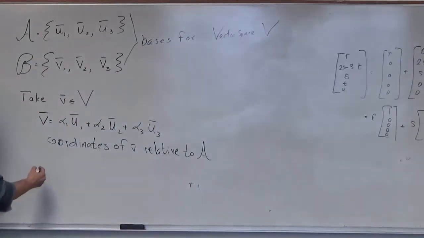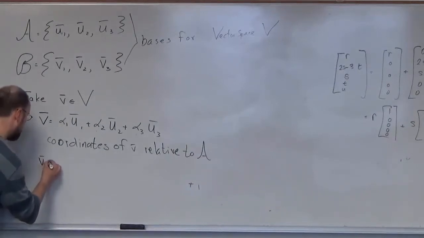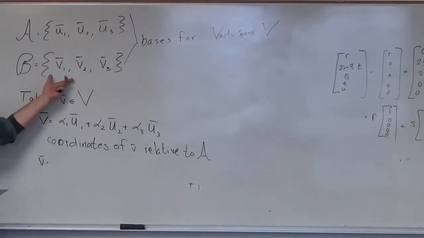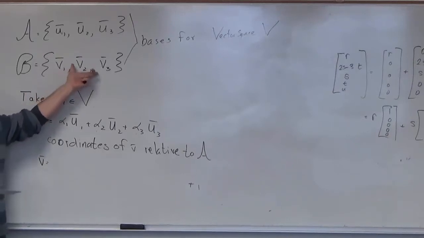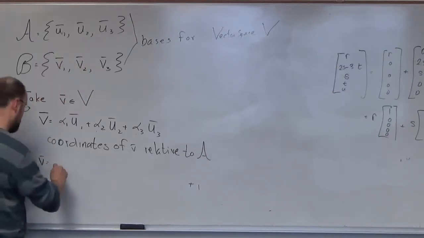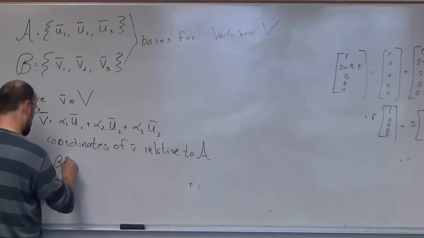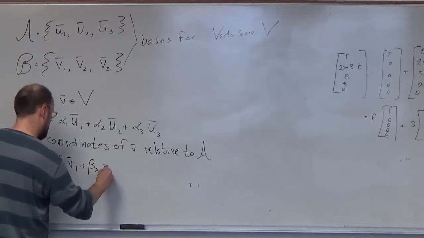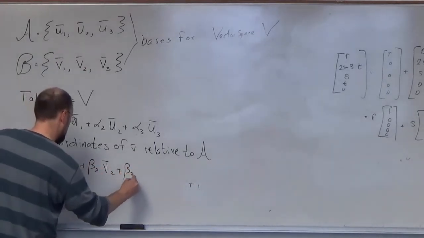At the same time, the same vector V can be expressed as a linear combination of the elements of the other basis, right? So it can be expressed as beta 1 V1, beta 2 V2, beta 3 V3.